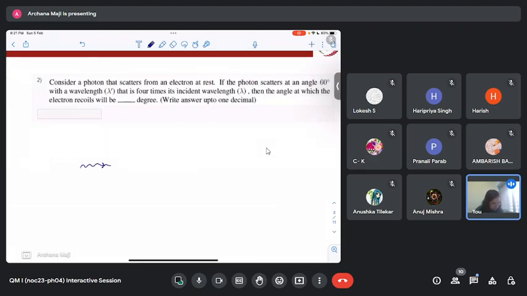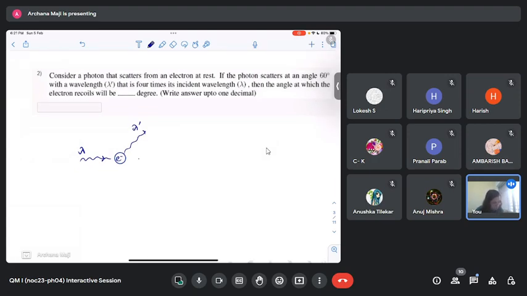A photon coming in with wavelength lambda hits an electron at rest, this is the scattered photon, let's say, and it makes an angle of 60 degrees, and suppose the electron recoils along this direction, call it phi maybe, and then this is theta.